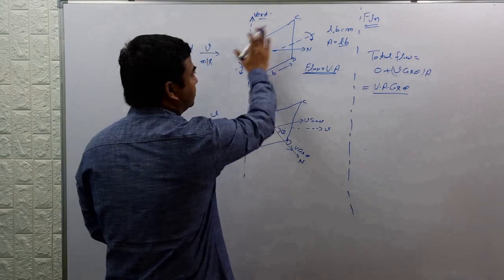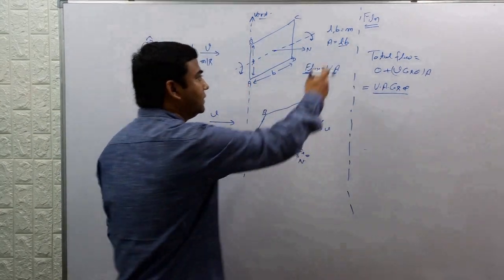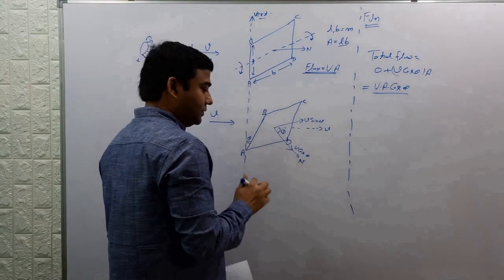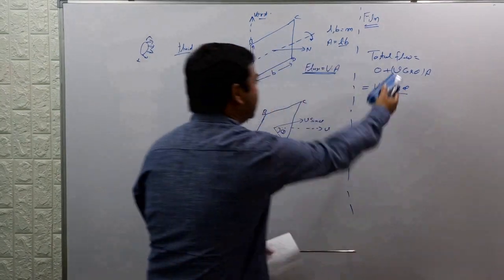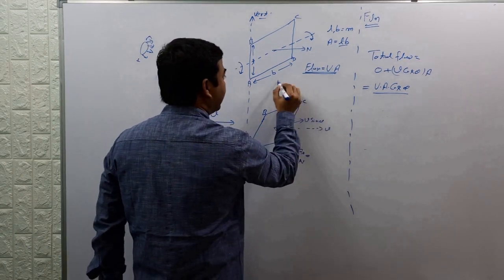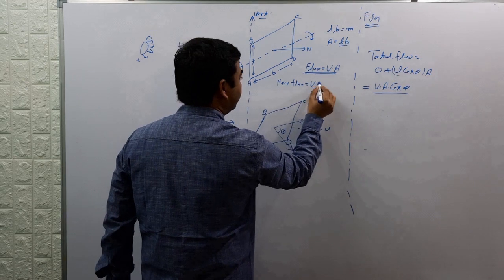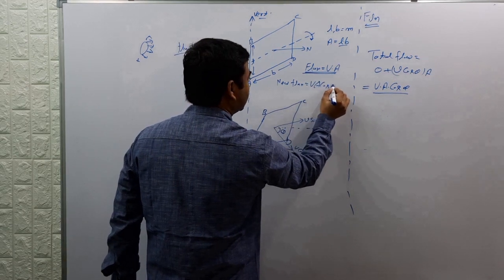Because of this light source, this area will generate its shade on this film. So we will write this expression here. In this case, the flux is VA and the new flux is VA cos theta.